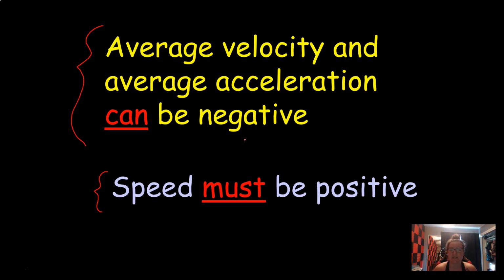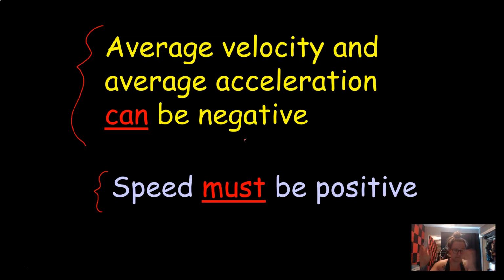And then acceleration takes on whether you are speeding up or slowing down. So it's looking at the direction the wind is blowing and the direction the object is going. When they're both going in the same direction, acceleration would be positive because it's speeding up.